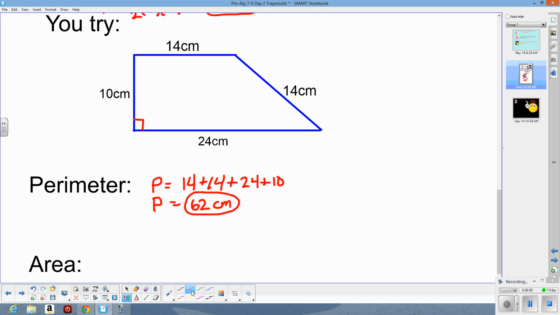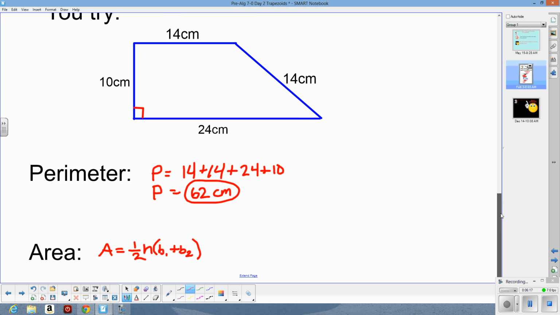Now to find the area, remember area is equal to 1/2 times the height times the sum of the two bases. So the area is going to equal 1/2.